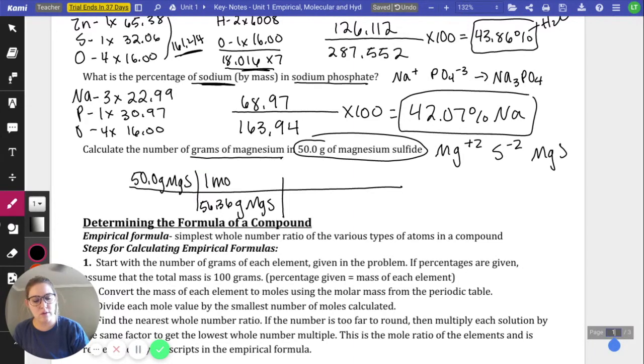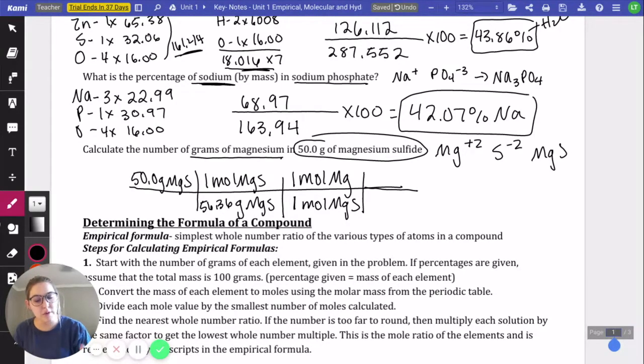It's 1 mole of magnesium sulfide. And then moles of magnesium sulfide is not what I want, so drop it low. 1 mole of magnesium sulfide contains 1 mole of magnesium. That's just because there's that 1-to-1 ratio of magnesium to sulfur. So that's where that comes from.